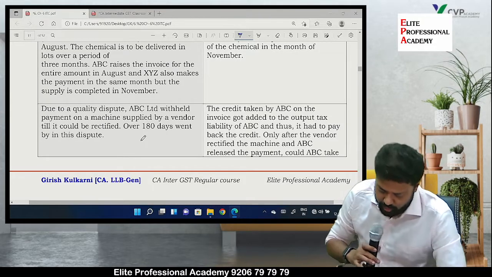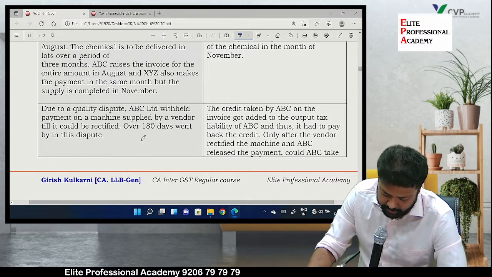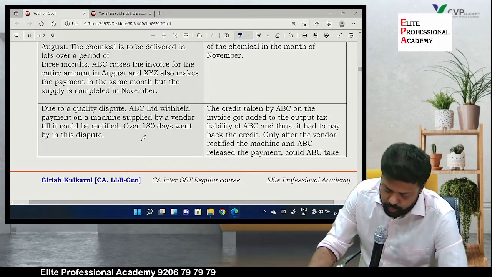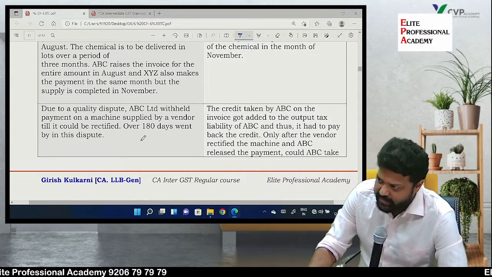Due to a quality dispute, ABC Limited withheld payment on a machine supplied by a vendor till it could be rectified. Means till the error is rectified, the payment is kept on hold. Over 180 days went by on this dispute.